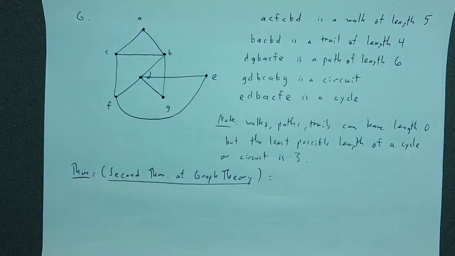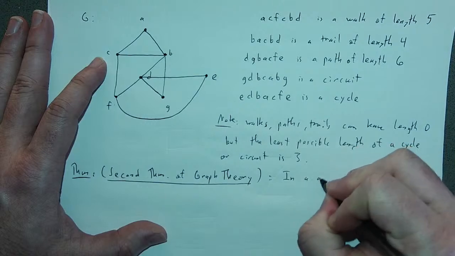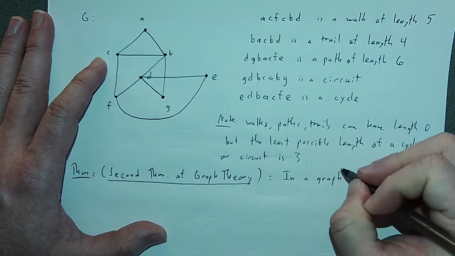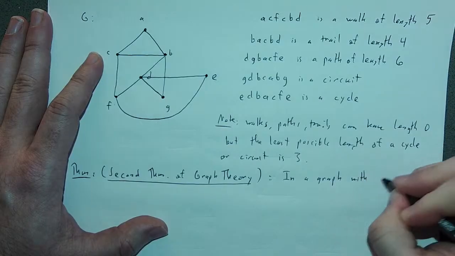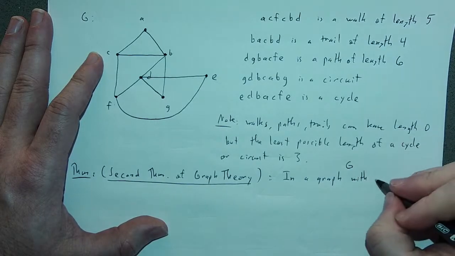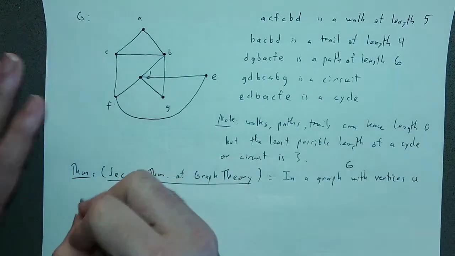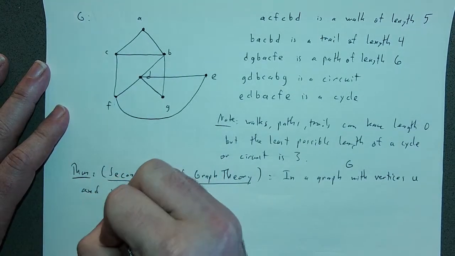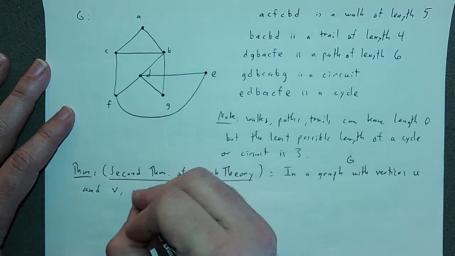In a graph G with vertices u and v, every UV walk contains a UV path.